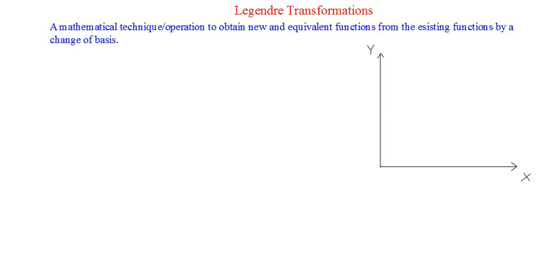Legendre transformations. Now, in general, transformations are meant to simplify the solution of a mathematical problem. You are already familiar with some transformations in mathematics. For example, you have learned to convert the Cartesian system of coordinates into the equivalent spherical polar coordinates, or from the Cartesian coordinate system you can move on to the cylindrical polar coordinate system.